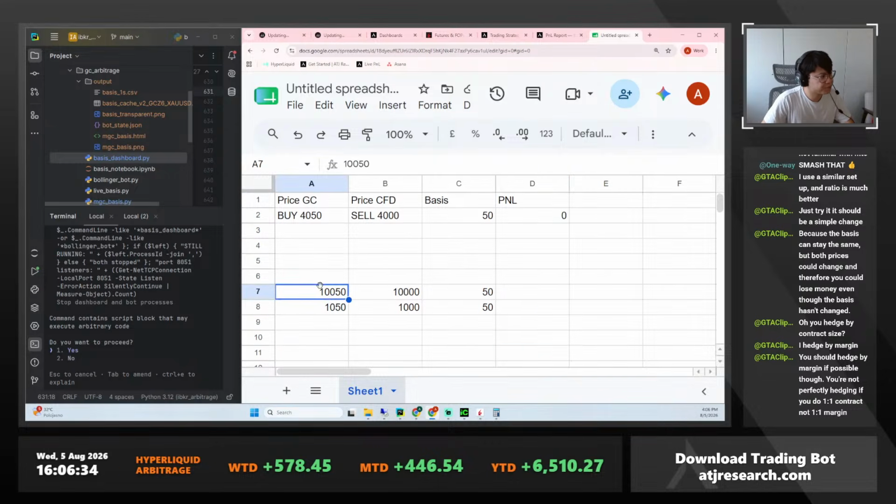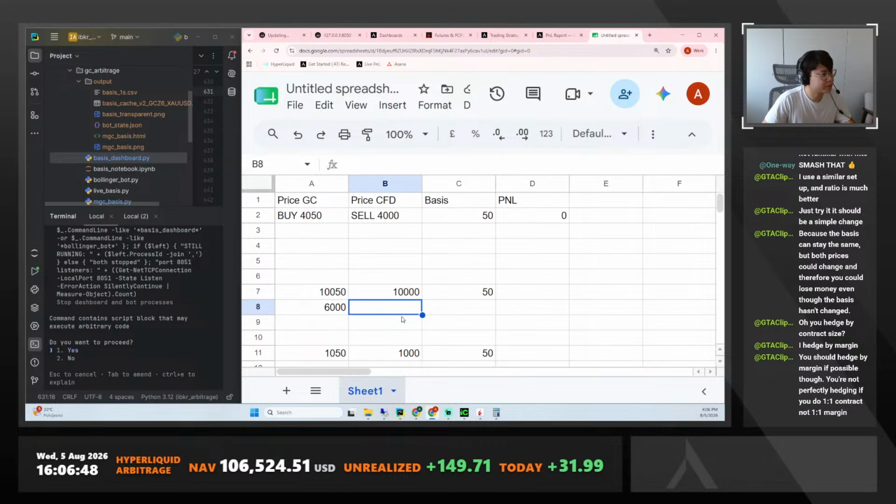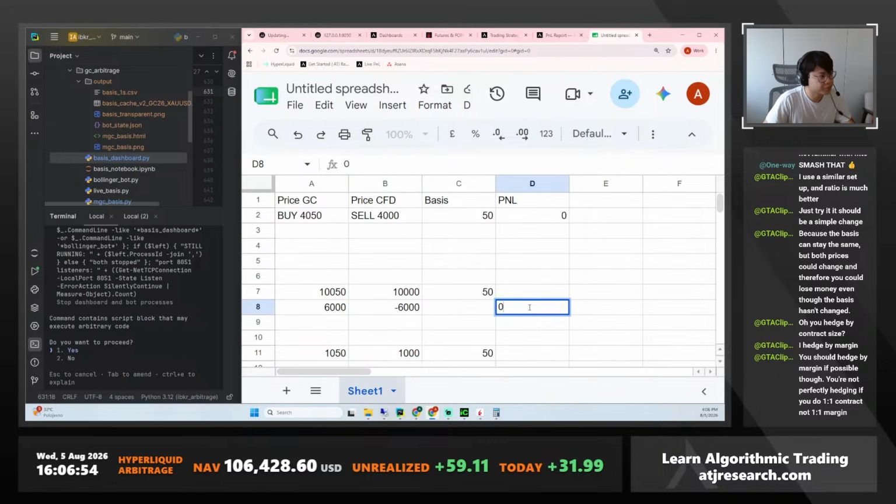So we buy at 10,050, which means because we bought the futures, our net profit is plus 6,000, right? And because we sold the CFD, which increases, we lose minus 6,000, right? So here we have minus 6,000, and 6,000 minus 6,000 is still 0. So our PNL is still 0.